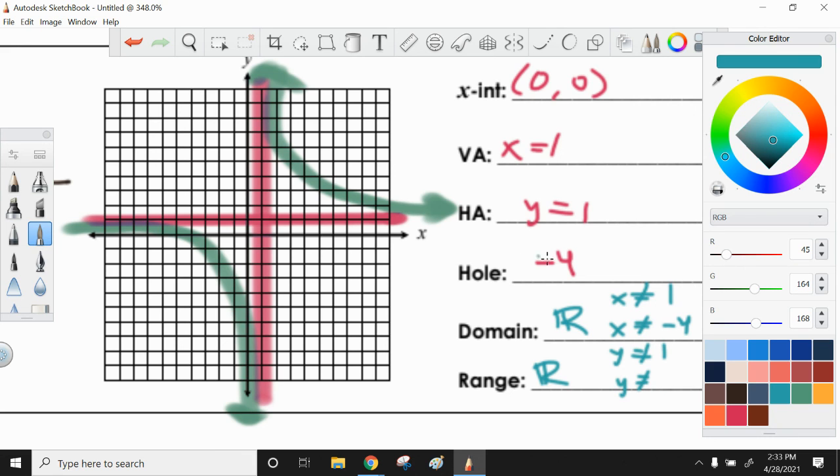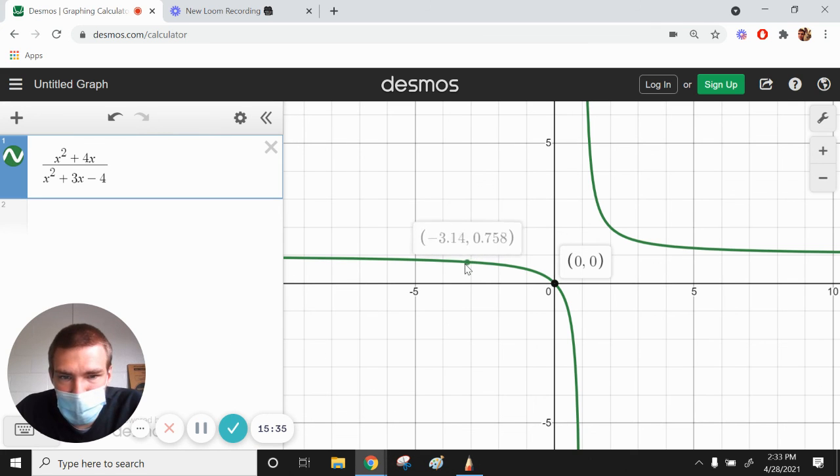Again, if you want to be super special, you want to find this y value. At negative 4, we should have a hole. And what value is it going to be right there? As I look on the left side, 0.802, and on the right side, 0.799, I'm thinking it's going to be 0.8.